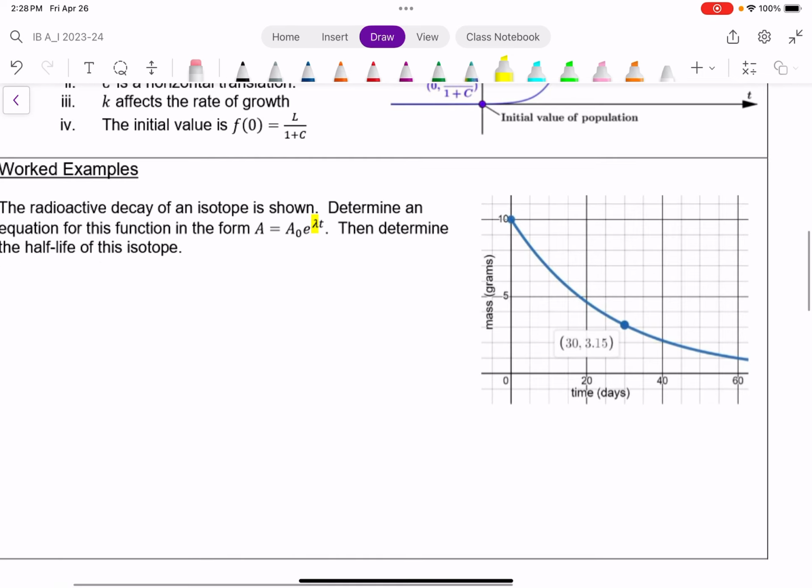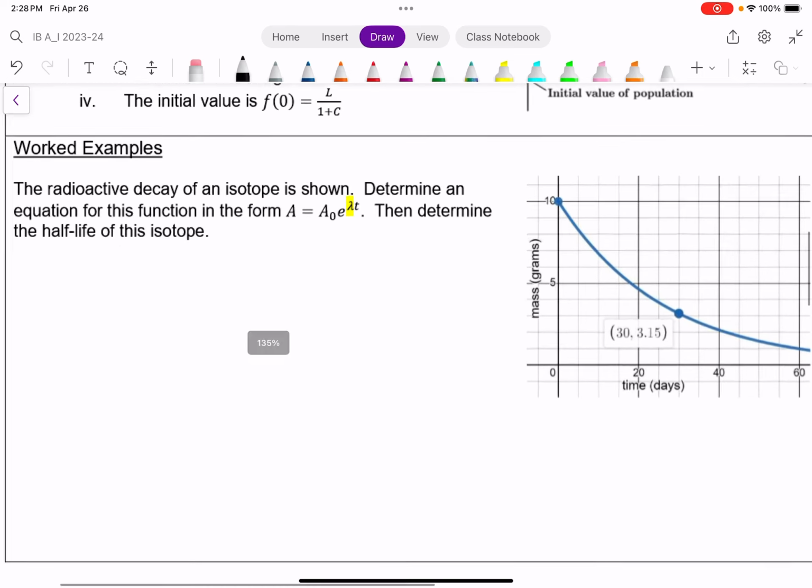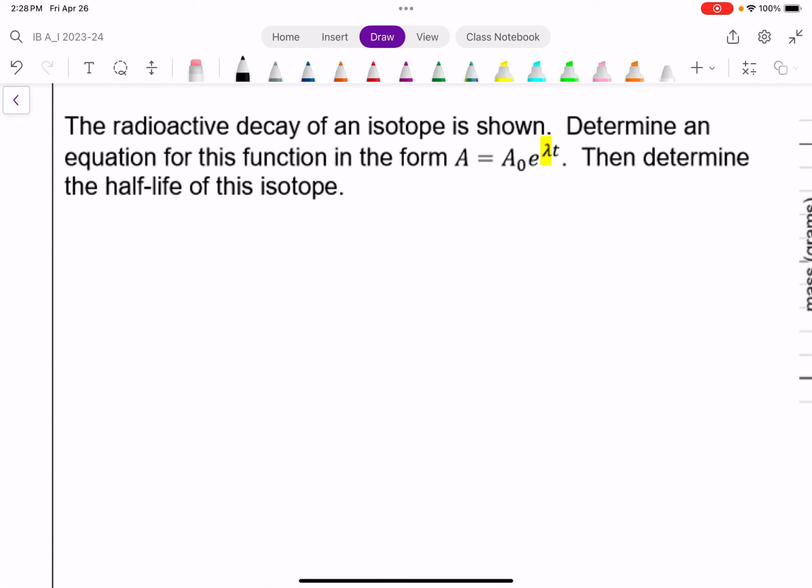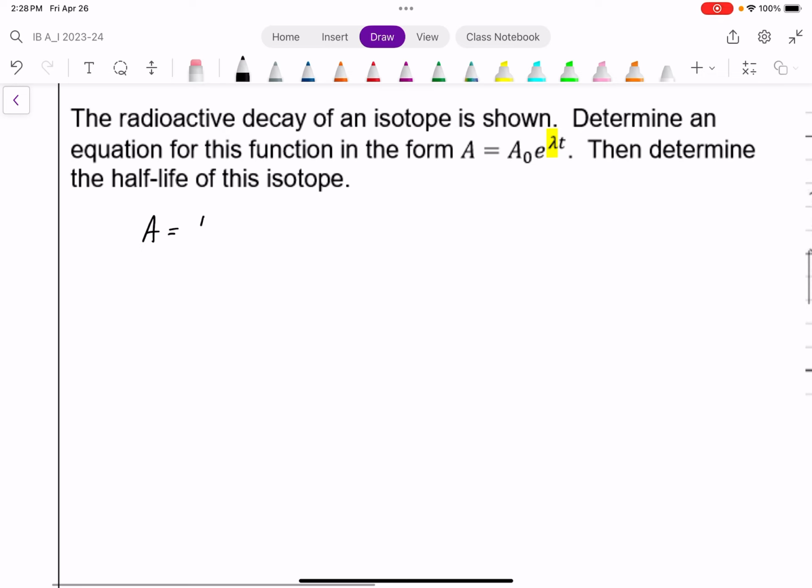And so to come up with an equation, what do I know? Well, I know at time 0, the amount is 10. So I can take this and say the amount, if I just go to this general form, A naught e to the lambda t, well, I know at time 0, so when time is 0, the amount is 10.